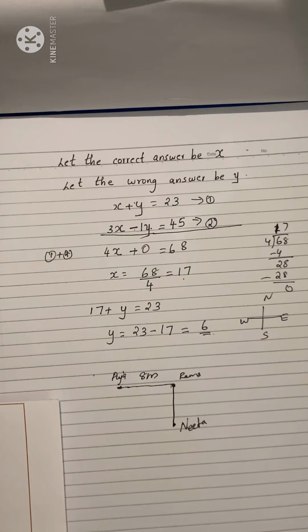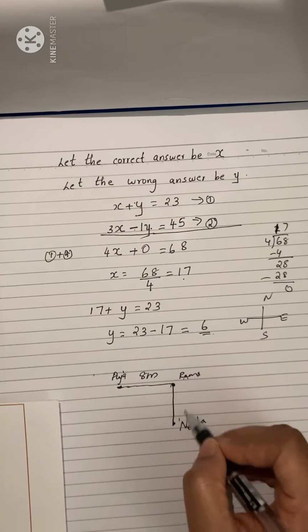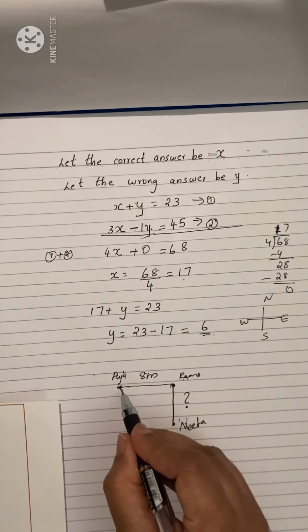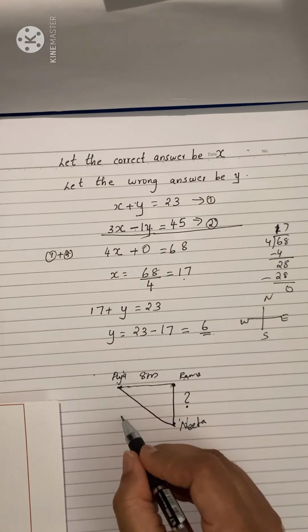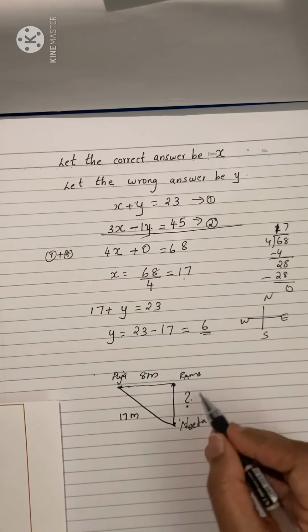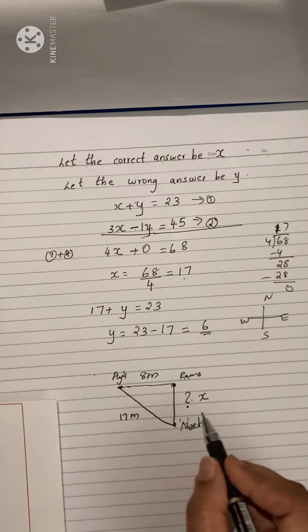What will be the distance of Neeta's house from Ram's house? We have to find the distance between Ram's and Neeta's house. The distance from Pooja to Neeta's house is given as 17 meters. So we need to find this distance, which we can call x.